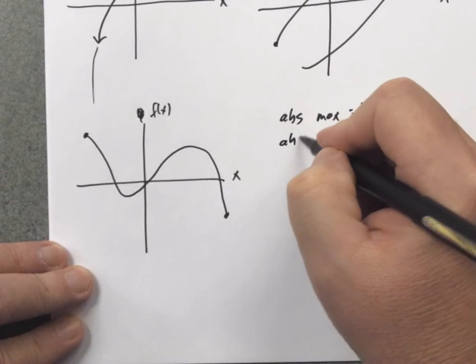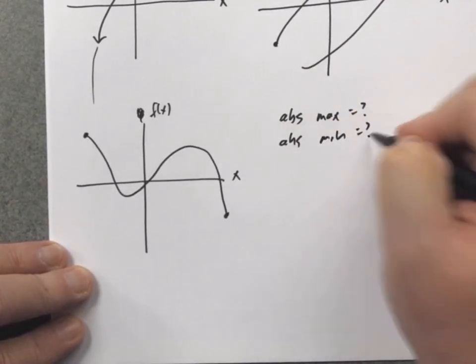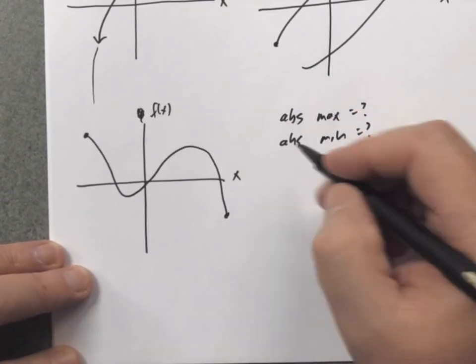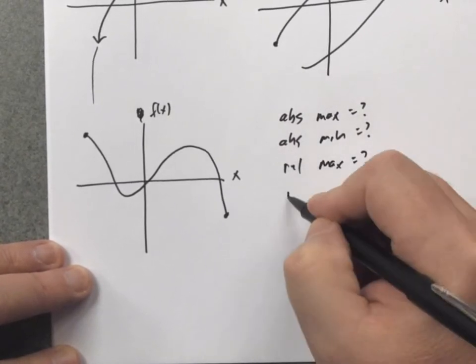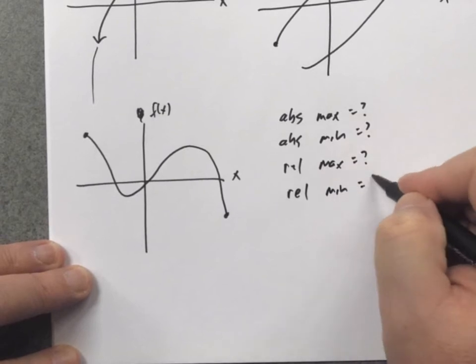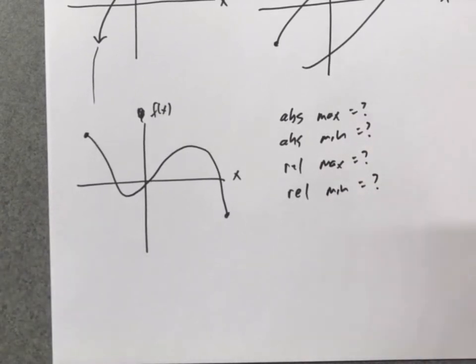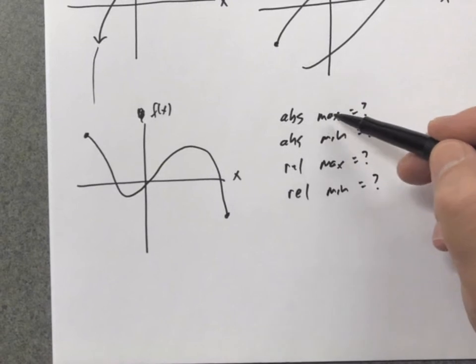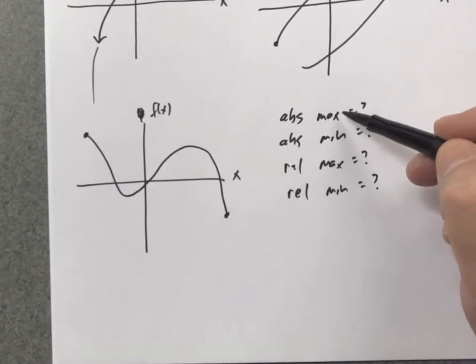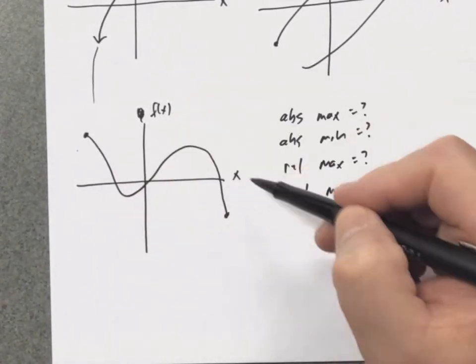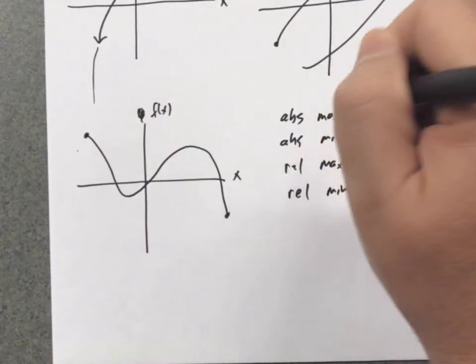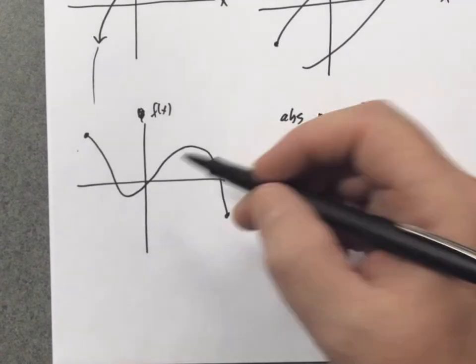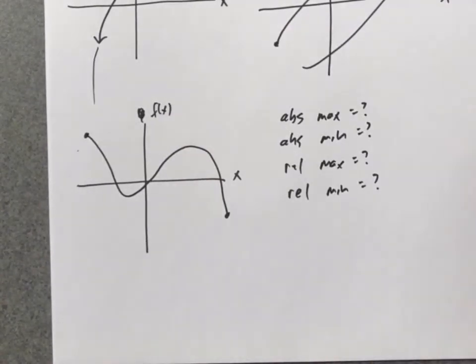Absolute max, absolute minimum, relative maximum, relative minimum. All right, so let's talk about this. Absolute max, absolute min. Absolute max means you look at the whole function, the whole graph, and you say what is the absolute largest value that the function ever gets to. In this case, what's the highest the graph ever is.